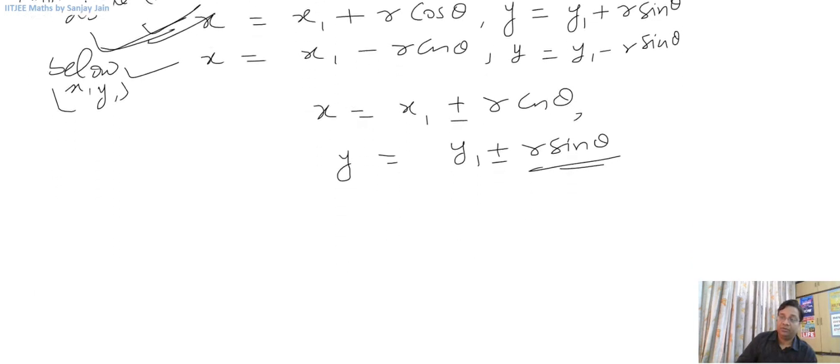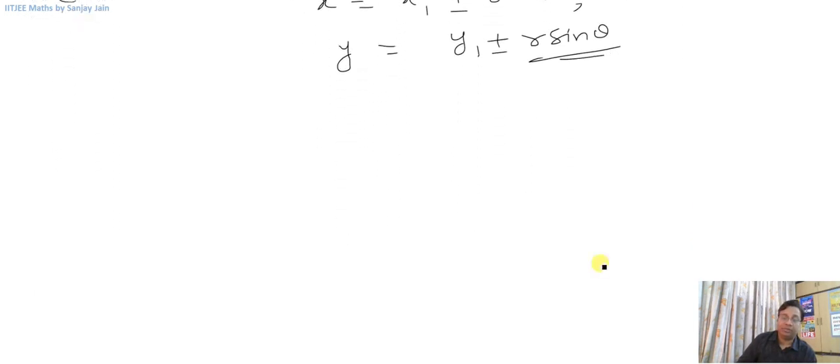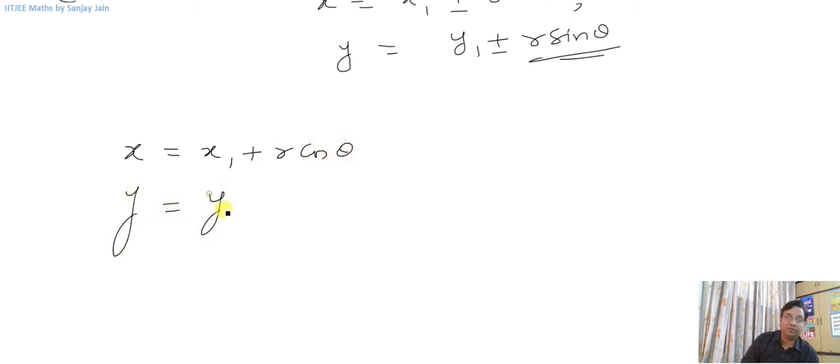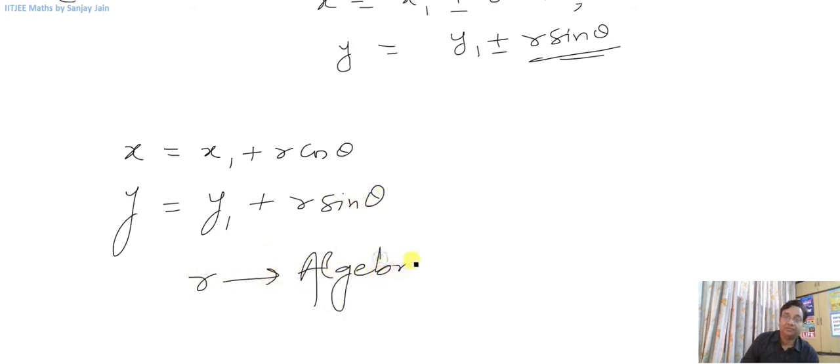Now if you want to write it collectively or in simple terms, you can simply write that x will be equal to x1 plus r cos theta and y will be equal to y1 plus r sin theta, where r is the algebraic distance.